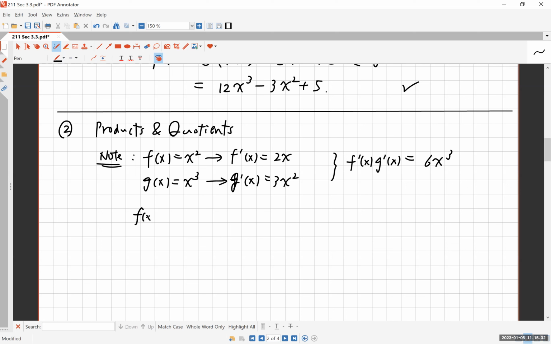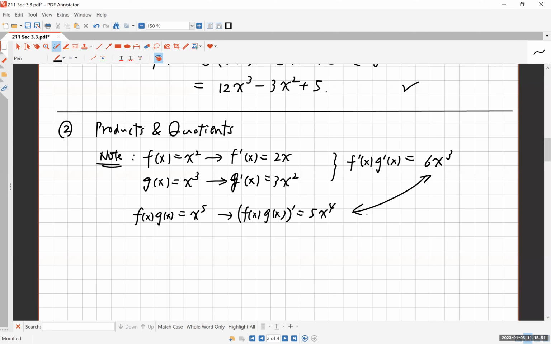Now, if you multiply these two functions, it's the product of the two functions. That's x squared times x cubed, that's x to the 5th. If you differentiate this, you get 5x to the 4th. Whoops, very different.